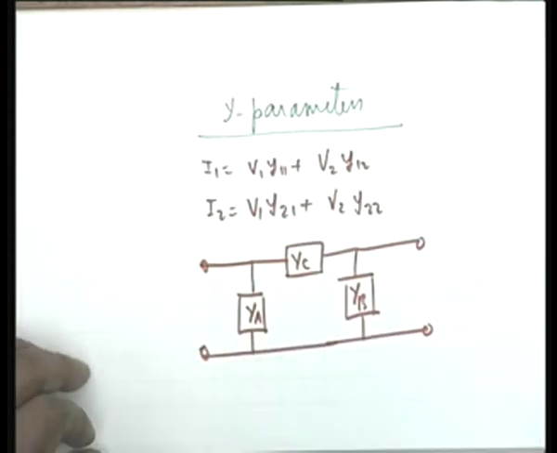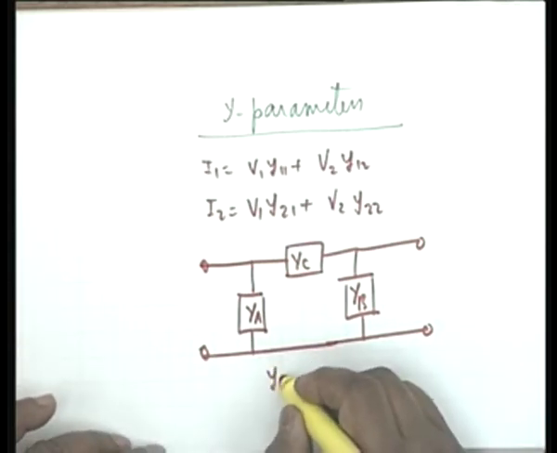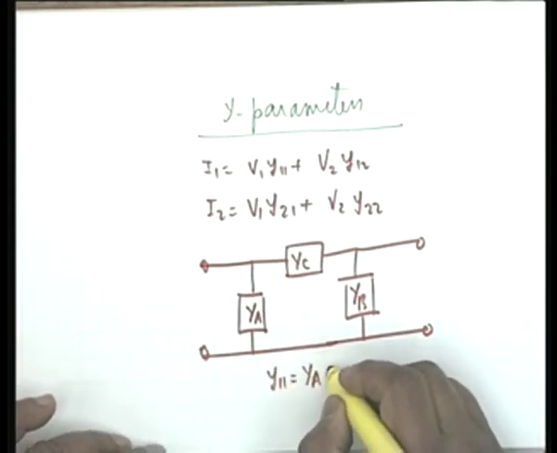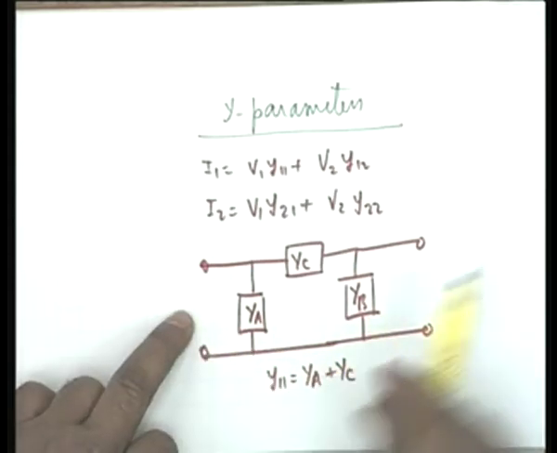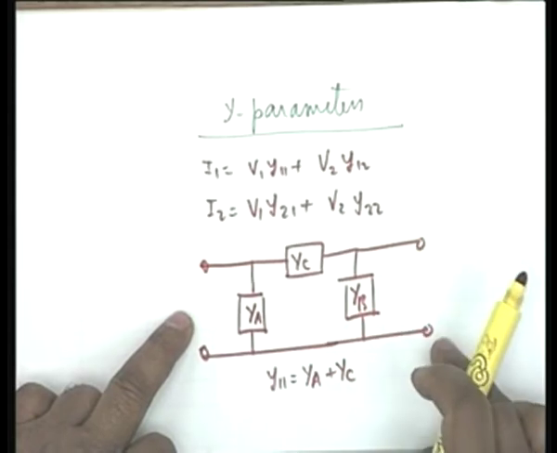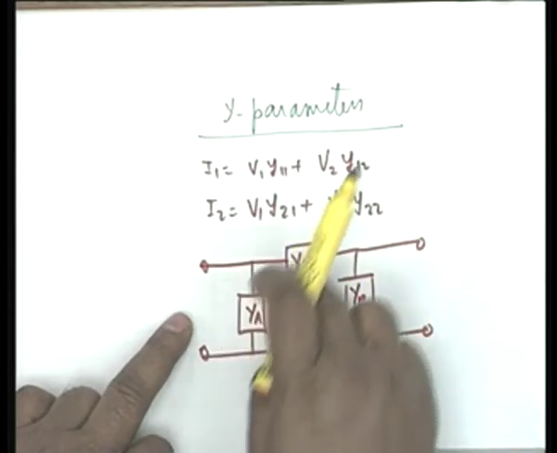and we said that by inspection you can see that Y11 is equal to YA plus YC. Y11 is the input admittance with the output short circuited. So YB goes out of consideration, YA comes in parallel with YC.